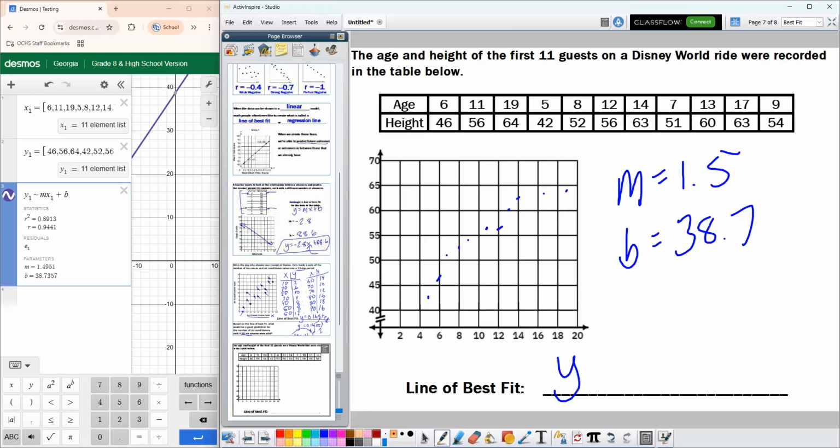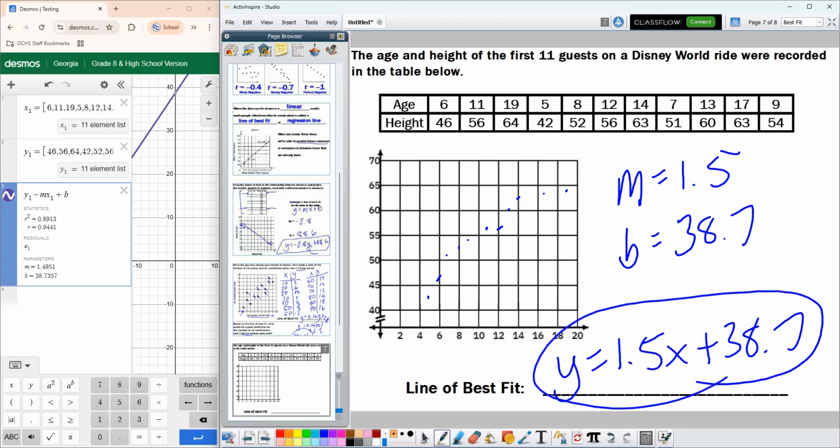So my line of best fit would be y equals 1.5x plus 38.7. That is my line of best fit. If we wanted to estimate what someone's height would be if they were 30 years old, or if they were 10 years old, then we could punch that in right there for x.